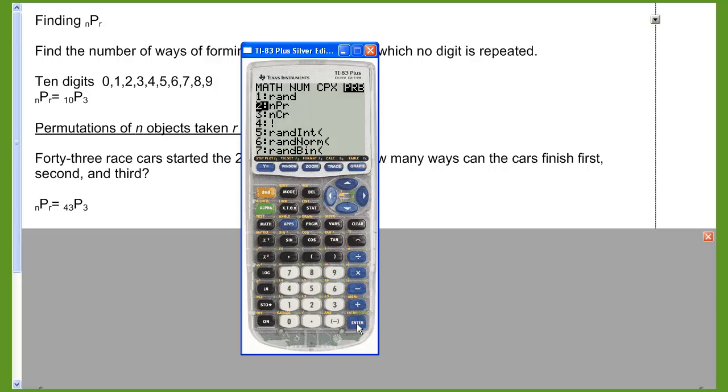So then you'll click again and it goes to something else. So there's enter, and I'm taking 3 at a time. So I'm going to press enter, and there's 74,046 ways these cars could win. These are permutations because order matters. I'll send a video later about combinations, and that's when the order does not matter, that you use combinations.